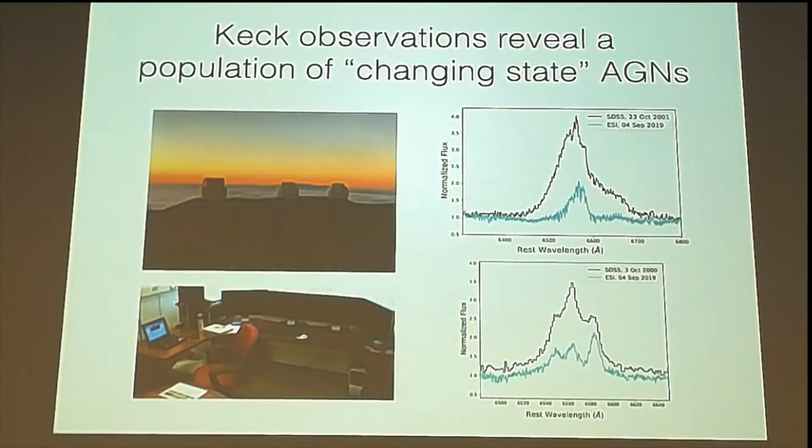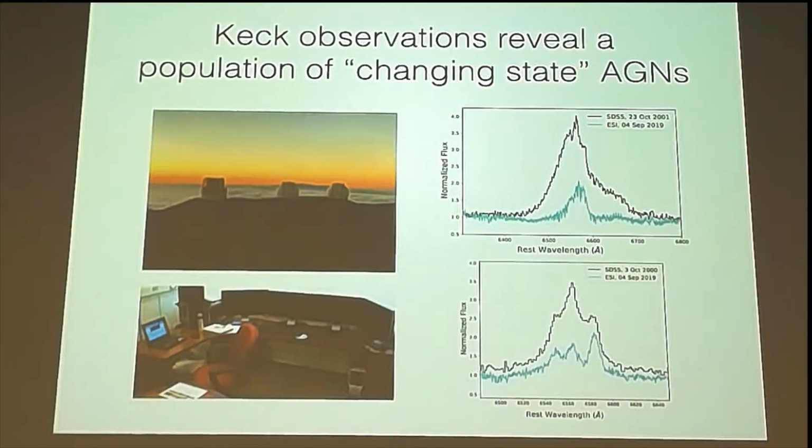So we took follow-up observations using Keck, and what I'm showing here on the right is the change in the broad H-alpha emission lines from the earlier Sloan Digital Sky Survey observations in 2000 and 2001, and then the follow-up observations taken in 2019.